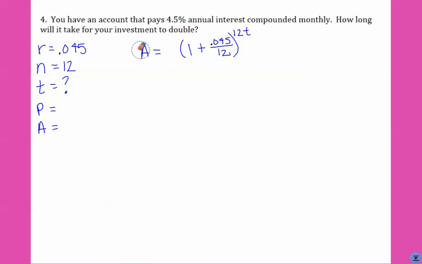I'm going to take the easy way out. I'm going to pretend that I'm depositing $1. If I am depositing $1, then we're looking for when it changes to $2. 1 times anything is just itself, so I don't even need to worry about having that out front and dividing by it.